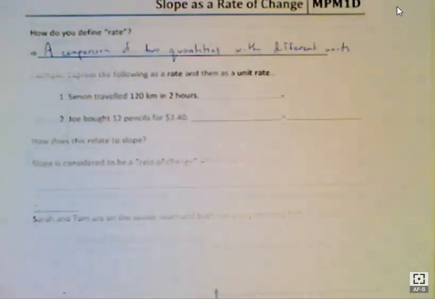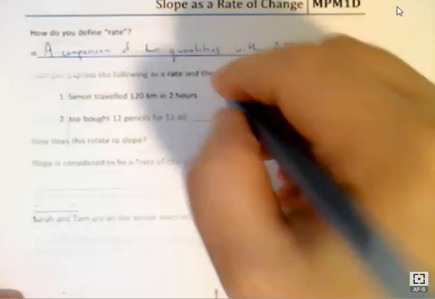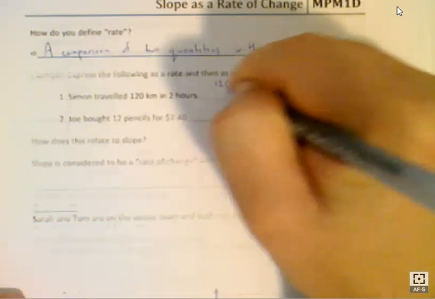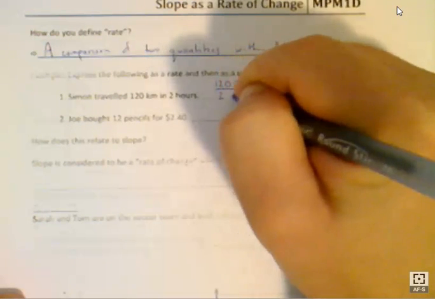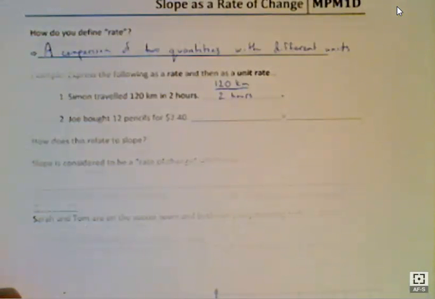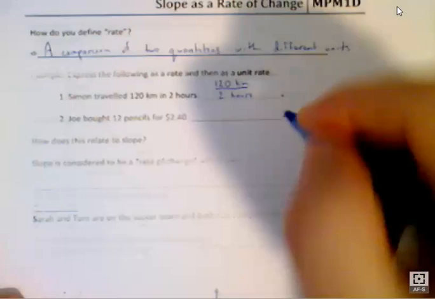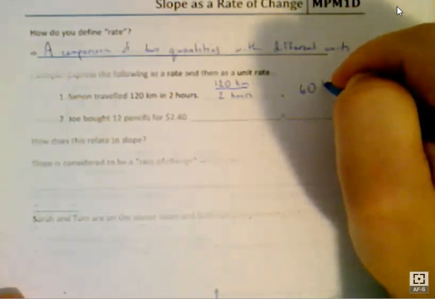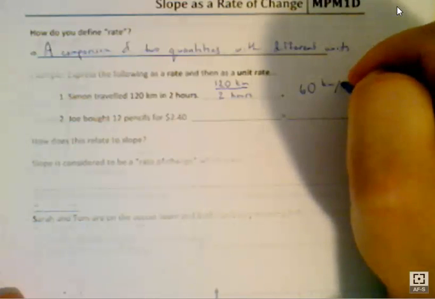You can get a speed from this. So the rate here is 120 kilometers per 2 hours, or we can write that more simply as our speed, 60 kilometers per hour.